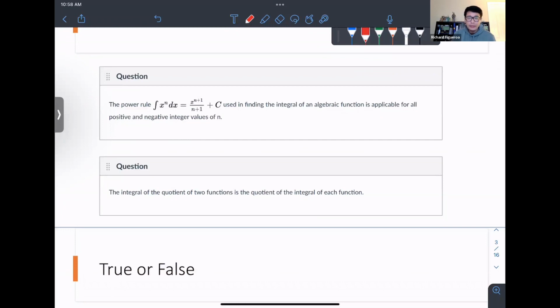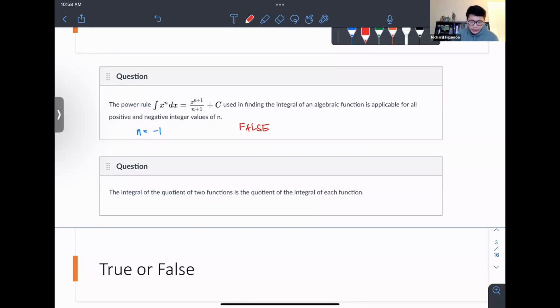As we have seen in the definition of the power rule, there is one exemption, and that exemption is when n is equal to -1. So n should not be equal to -1, otherwise the result would be a logarithmic function. Therefore, the statement is actually false.